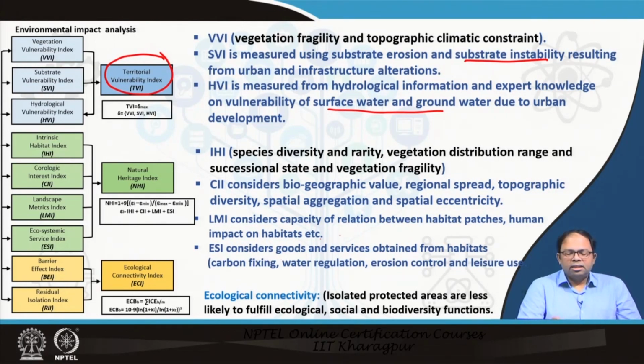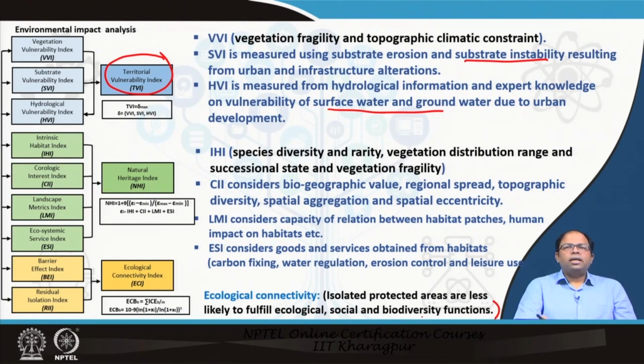And LMI considers the capacity of relation between habitat patches, human impacts on habitats and so on. And ESI considers goods and services obtained from habitats like carbon fixing, water regulation, erosion control, what kind of benefits we can get. And finally, ecological connectivity looks into isolated protected areas which are less likely to fulfill ecological, social and biodiversity functions. So that means the more connected we are, the better, right?